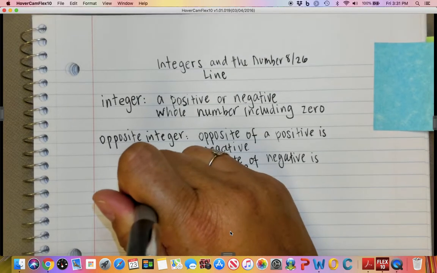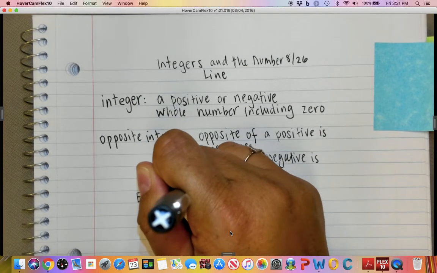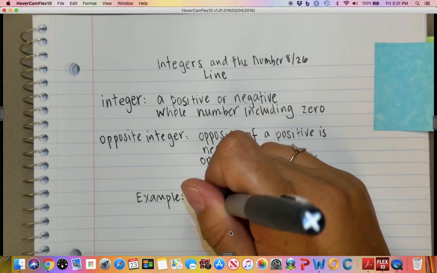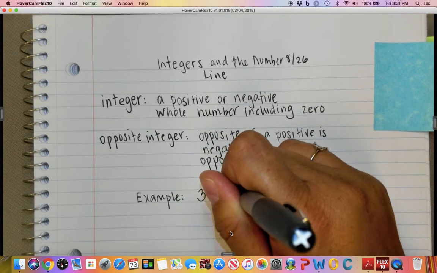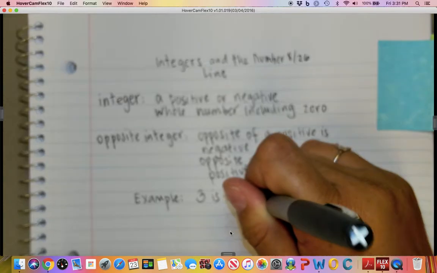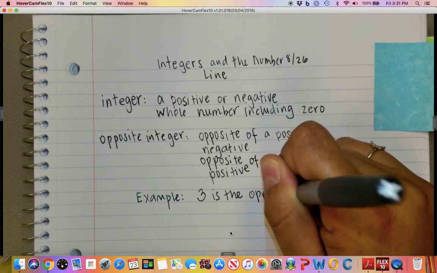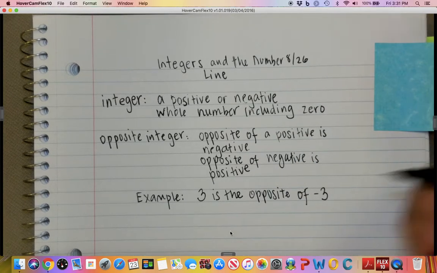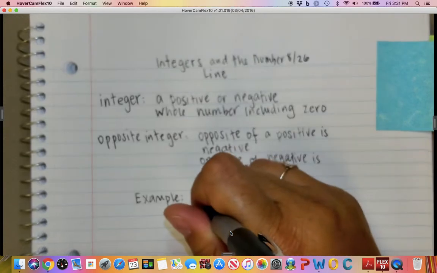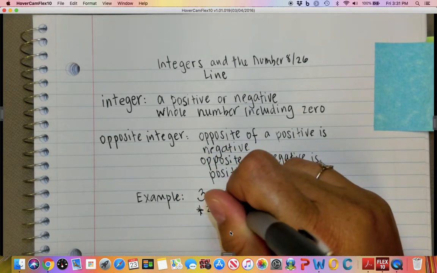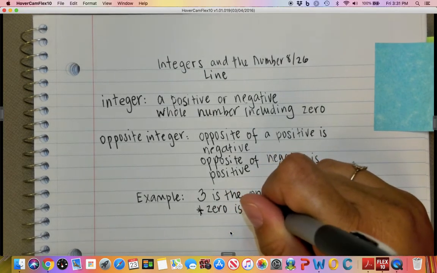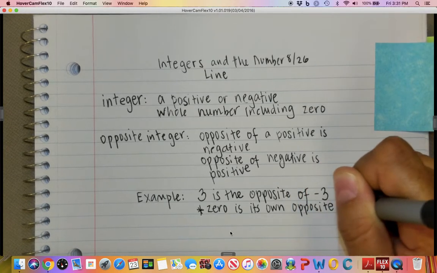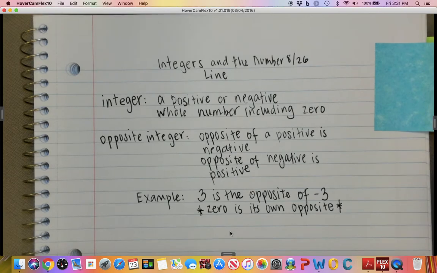But again, you don't have to. 3 is the opposite of negative 3. Zero is its own opposite. So this is where 0 has a special rule. There's nothing that's opposite of 0. It's its own.